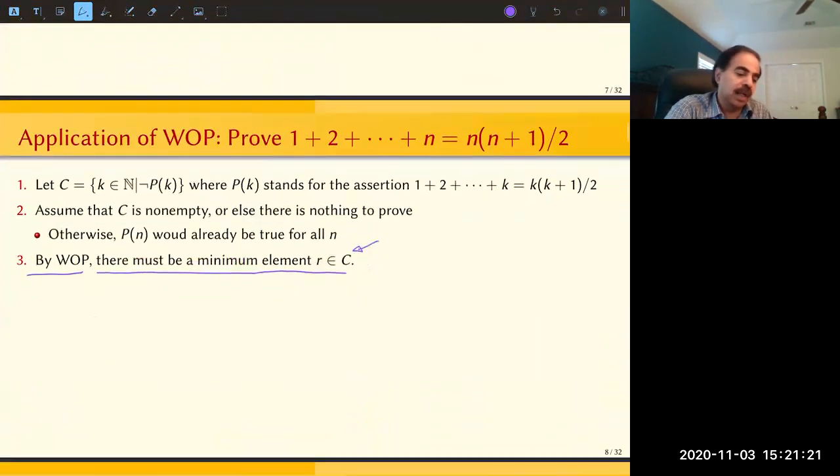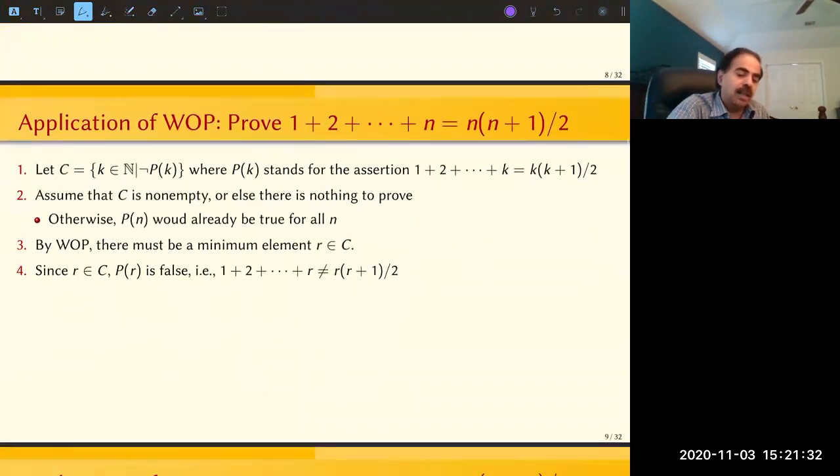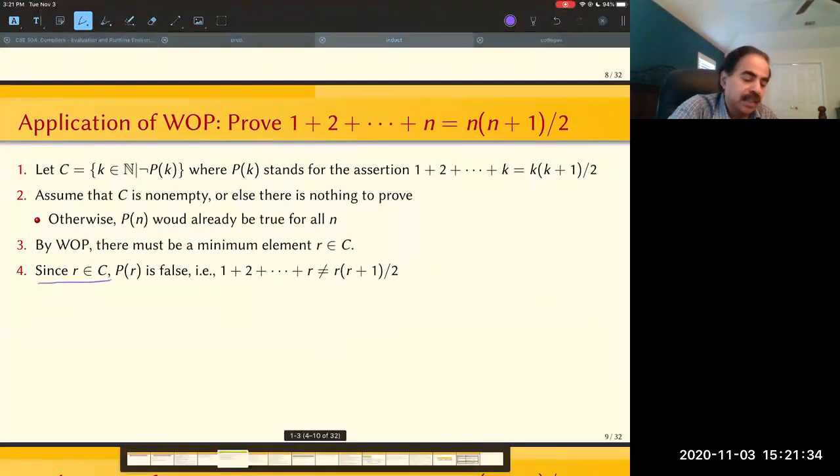So by applying the well-ordering principle, there must be some element R that is the minimum element in C. Since R belongs to C, P of R must be false, because that's how we defined the set of counterexamples: numbers such that P of K is false. So P of R is false, which means that this quantity is not equal to this quantity. We say that these two are not equal.